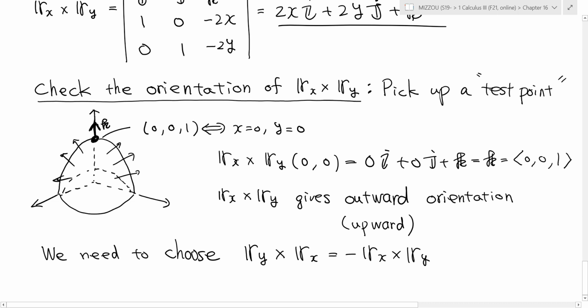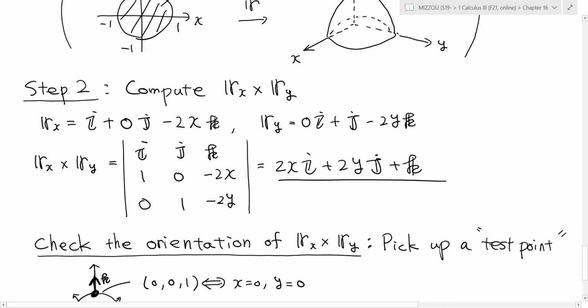Negative 2x i, negative 2y j, negative k. Okay, so that's step number 2.